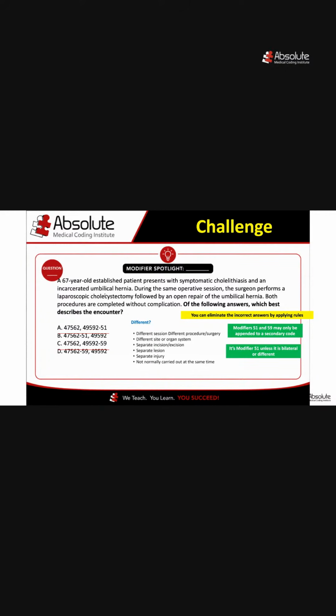So we have a laparoscopic cholecystectomy. That means they took a scope and they removed the stones? Okay, they removed the stones.